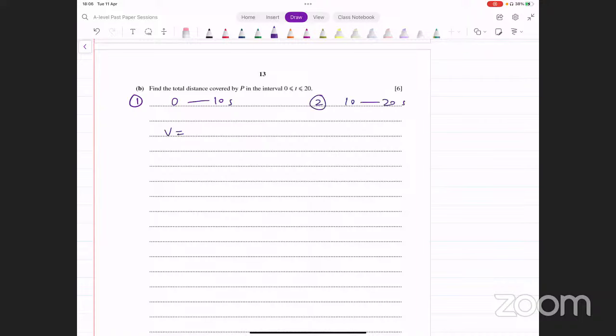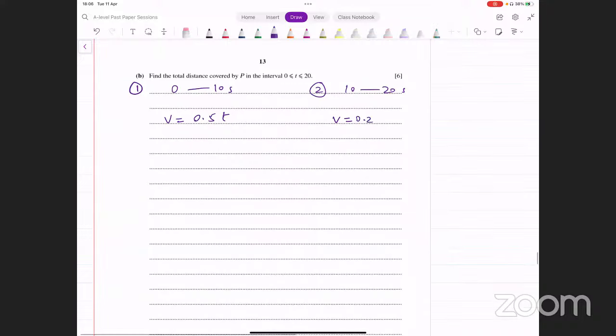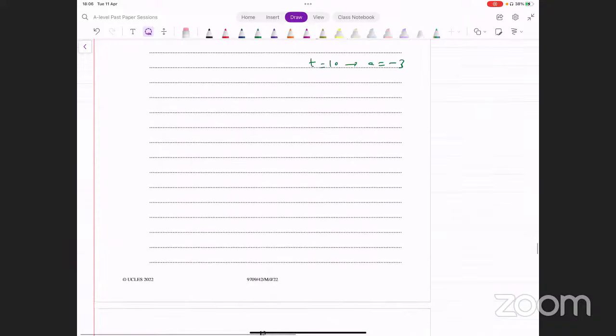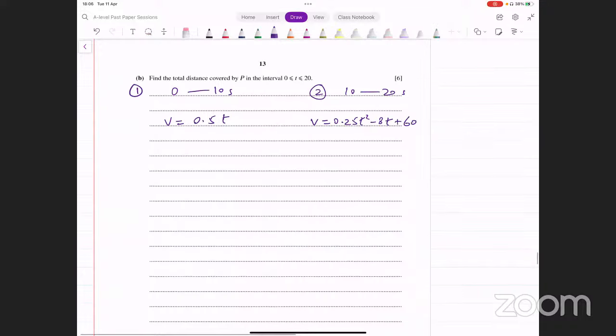We have these two equations for velocity. 0.5 t is the first one, and the second one is 0.25 t squared minus 8t plus 60. ये आपके पास दूसरी इक्वेशन है.